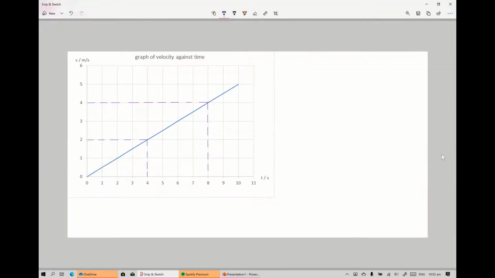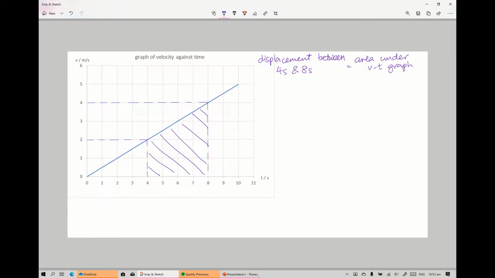What happens if you're asked to find the displacement between 4 seconds and 8 seconds? The underlying concept is still area under VT graph. So you still know it's this area.